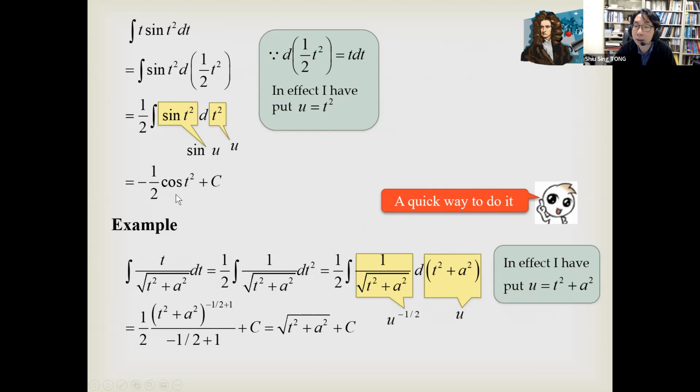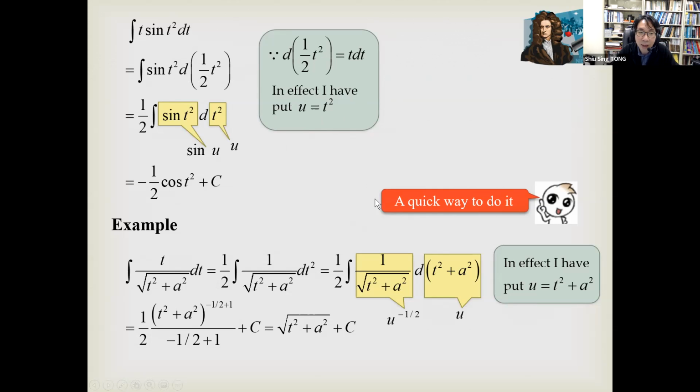And I get, in a straightforward manner, minus cosine t squared. So this is a quick way to do it. You just do the substitution in your mind. You don't explicitly write it out, but by putting the additional t into the differential, you are doing a change of variable in your mind.